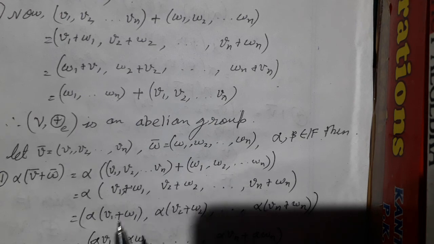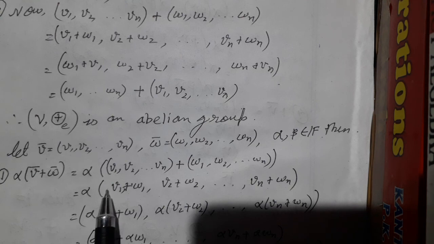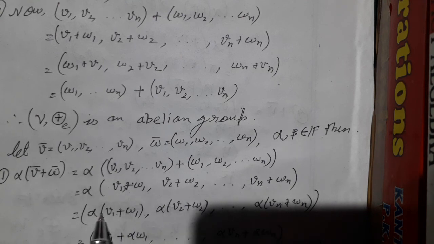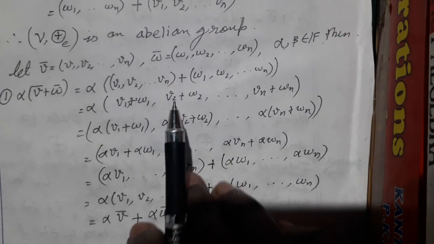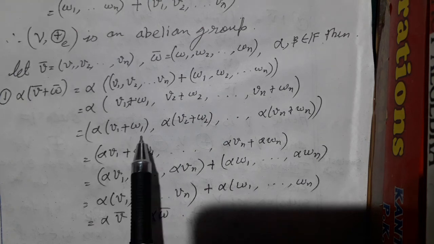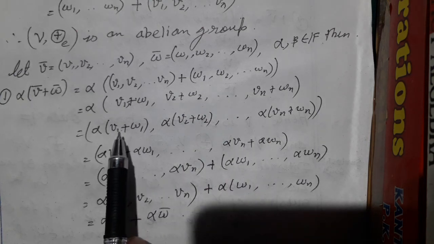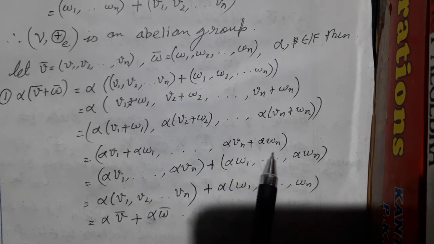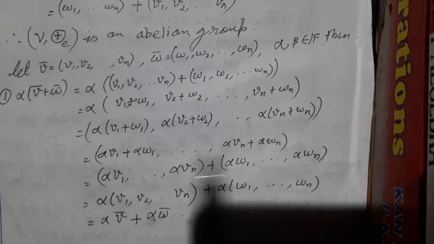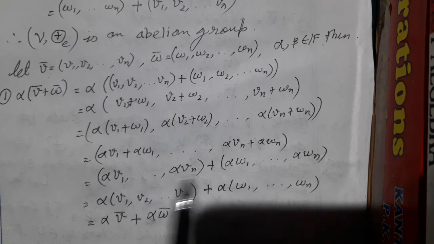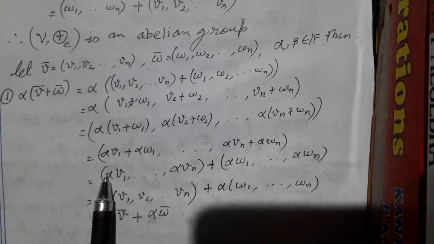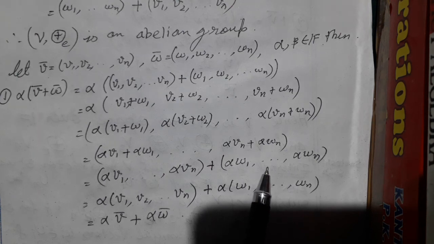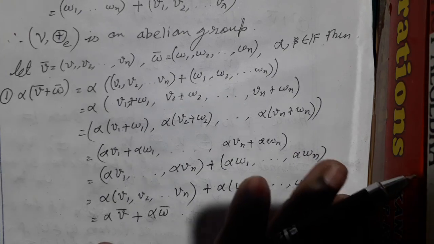Using the second definition of scalar multiplication, I multiply each scalar to each coordinate, alpha V1, alpha W1, and so on. I can separate this into two coordinates, take alpha common from each, and we get alpha V bar plus alpha W bar.